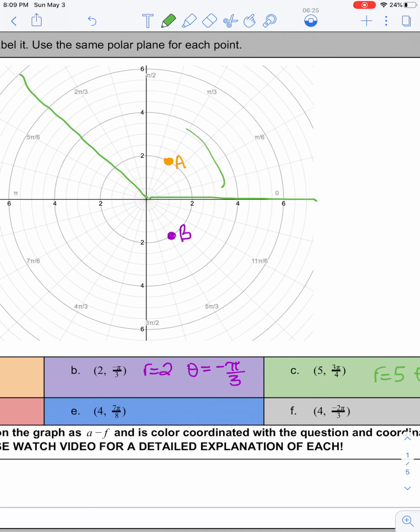We know this angle here would be 3 pi over 4. On that radial line, because our radius is 5, we plot 1, 2, 3, 4, 5 units away from the origin. So we'll put point C there with a radius value of 5 and theta value of 3 pi over 4.